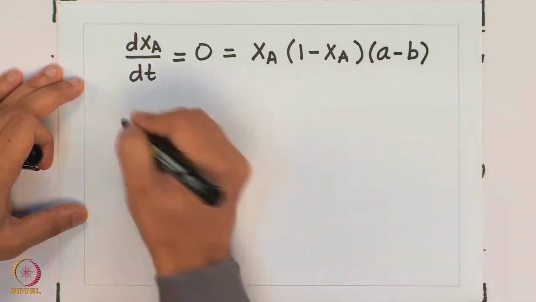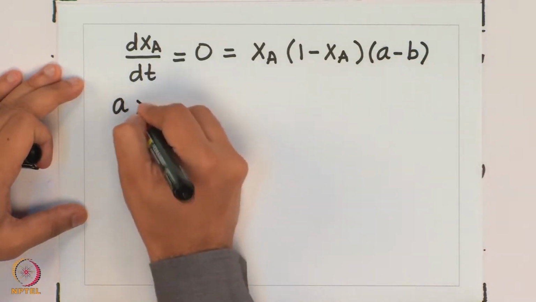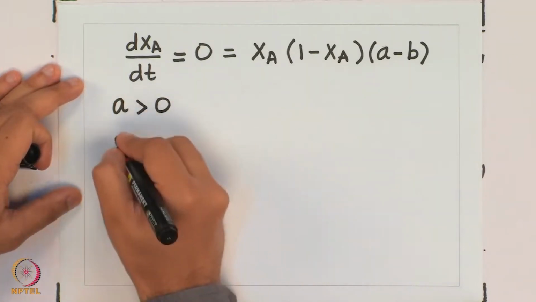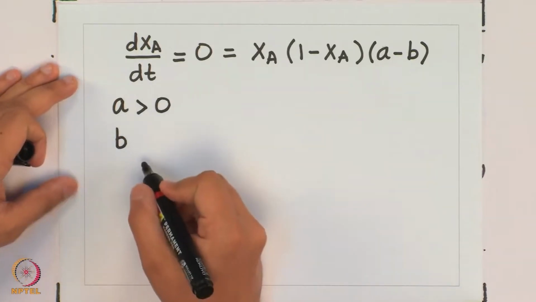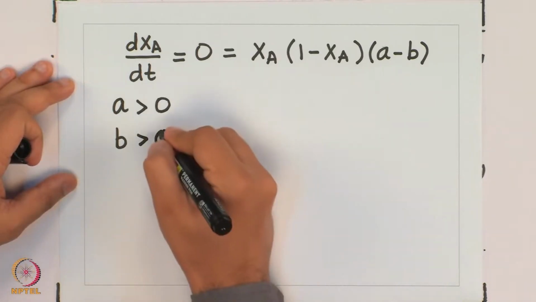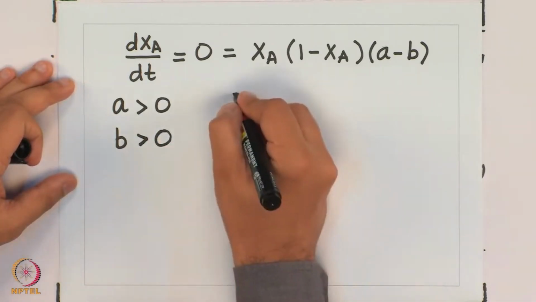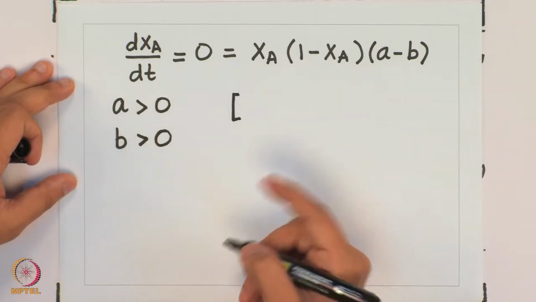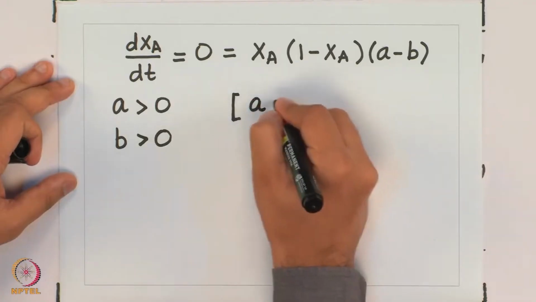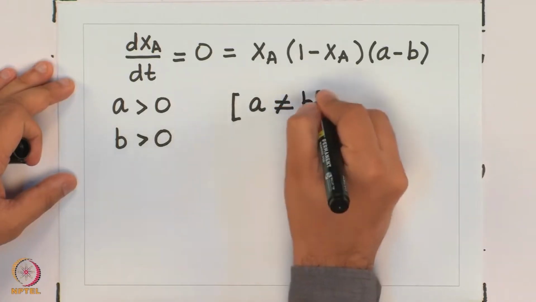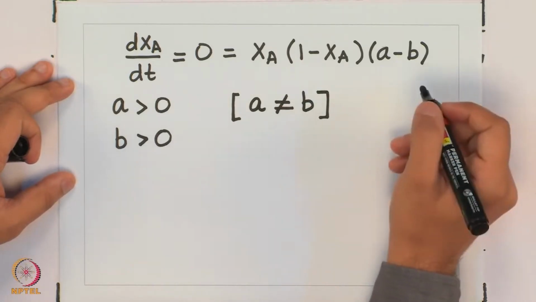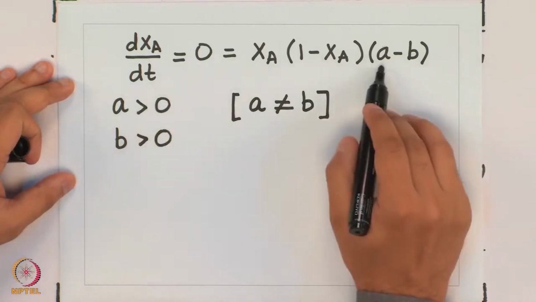We are working under the assumption that A is greater than 0. This is the growth rate of the bacteria with genotype capital A. B, which is the growth rate of the bacteria with genotype capital B, are both growth rates. So, these are non-zero positive quantities, and also there is a distinct difference in the speed at which these two species, these two genotypes, grow. So, A is not equal to B. Hence, A minus B is either greater than 0 or less than 0, so this is a non-zero quantity.